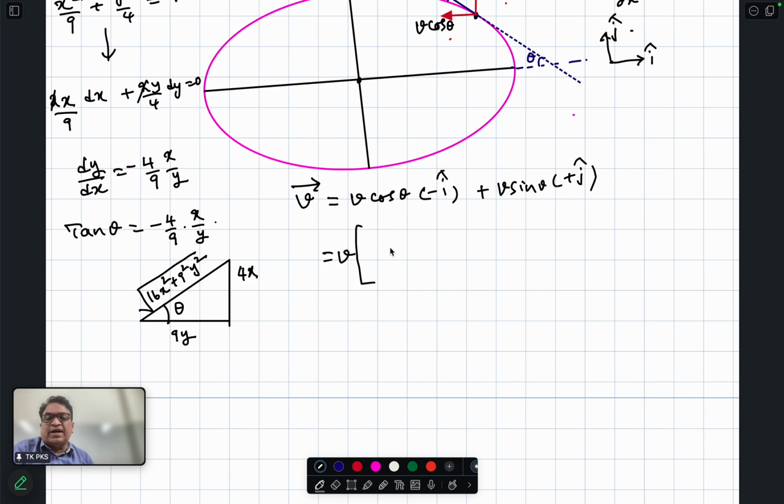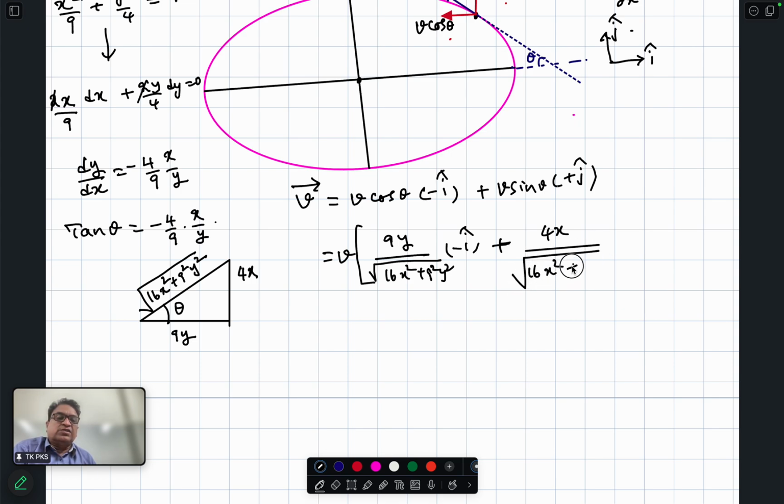What is cos theta in this? 9y by root 16x square plus 9 square y square minus i cap plus 4x by root 16x square plus 9 square y square j cap. That is the deal.